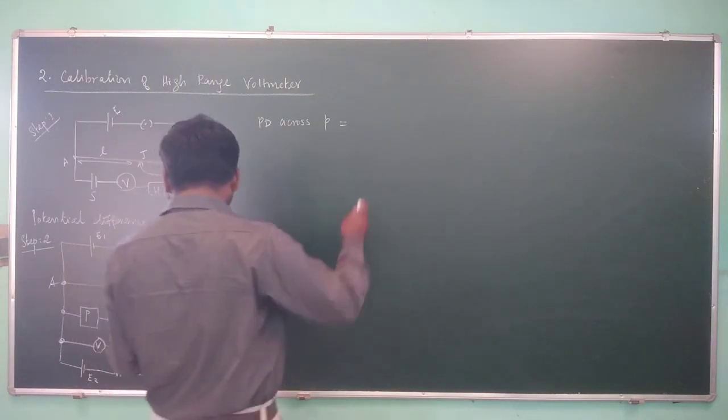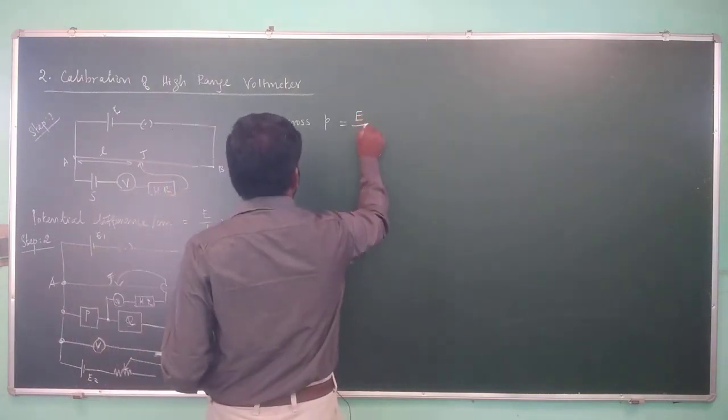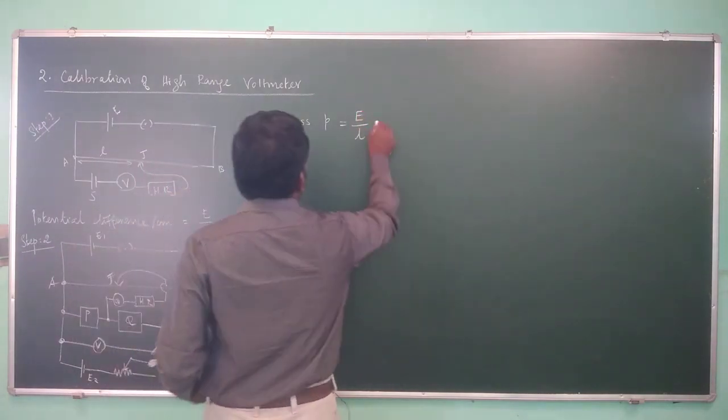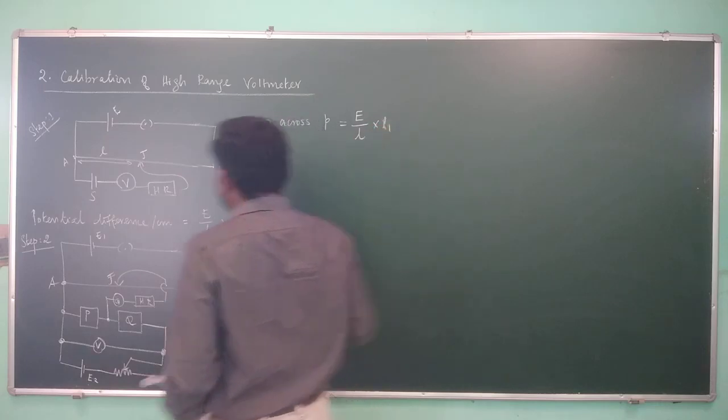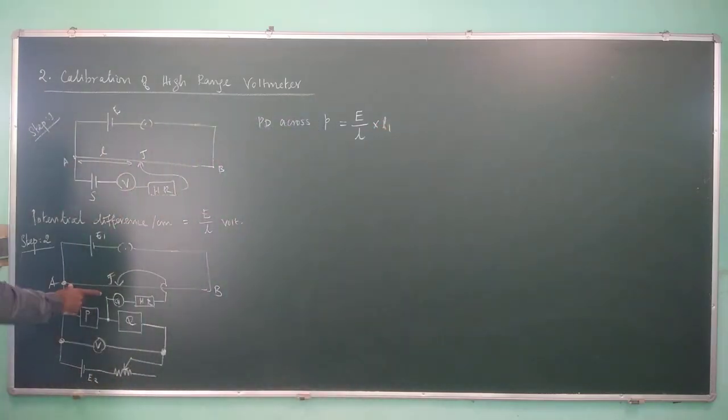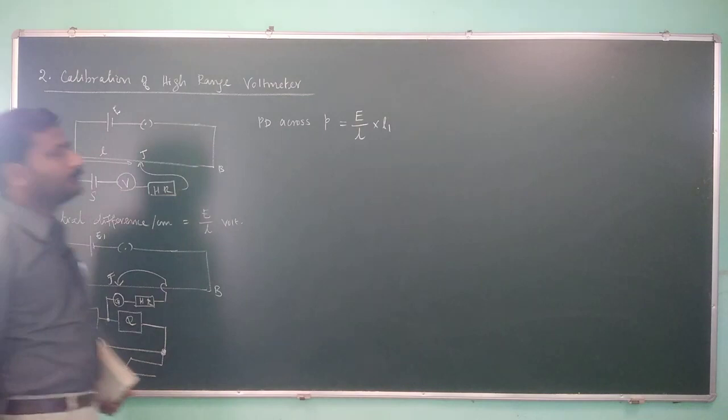In that case, you can write this as E by L multiplied by the balancing length we have calculated in step 2, that is L1.